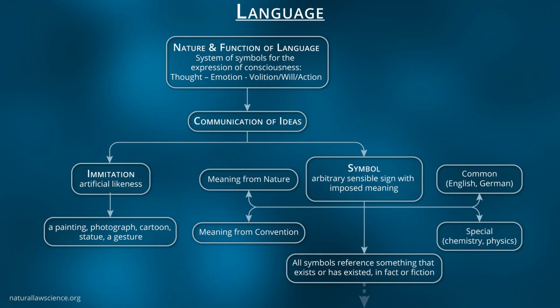Now, apart from the bare imitation, artificial likeness, we actually have symbols, which are an arbitrary sensible sign with an imposed meaning that we give it. So it's a sensible sign because it's a sign that we use our senses in order to detect. You can even use auditory.